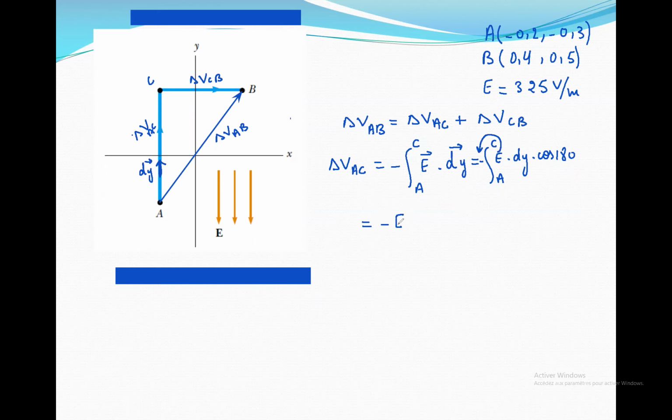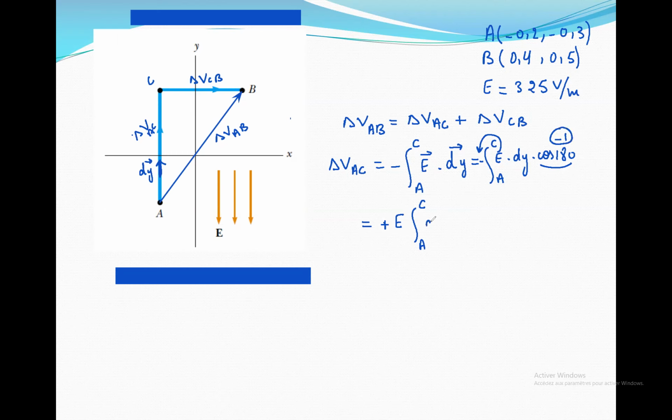So we have minus E integral between A and C, cosine 180 equals minus 1. So we have minus 1, and minus times minus gives plus, because of the minus 1 here.